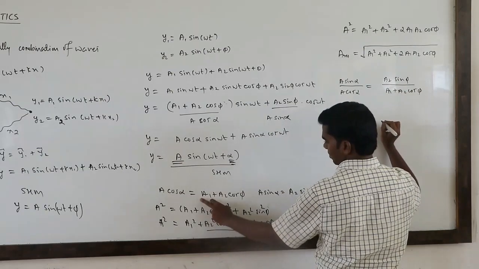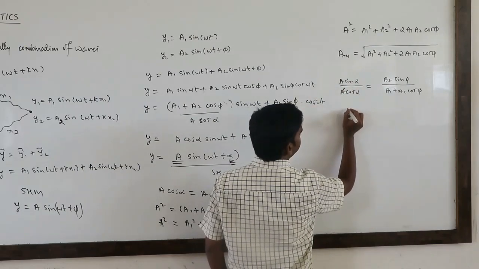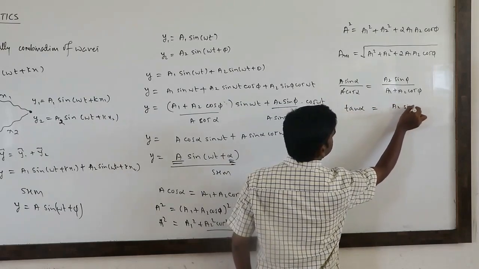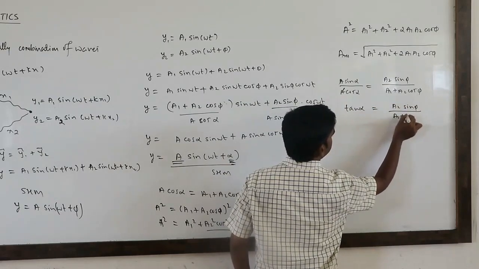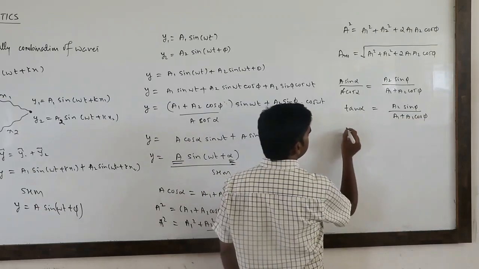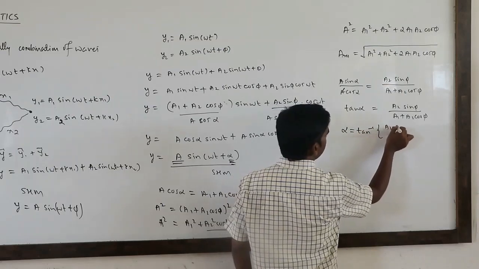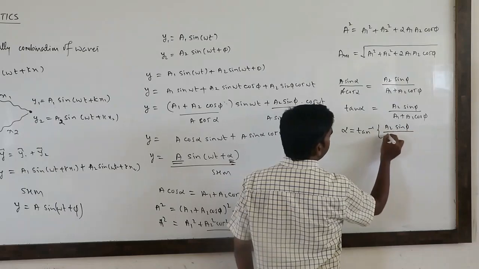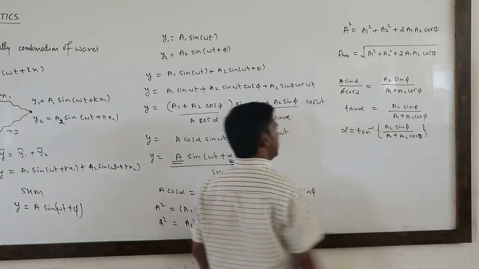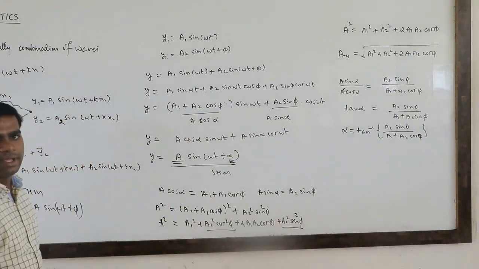So this becomes tan alpha equals A2 sin pi divided by A1 plus A2 cos pi. So alpha equals tan inverse of A2 sin pi divided by A1 plus A2 cos pi. Okay, so this is how we can calculate alpha and the resultant A.